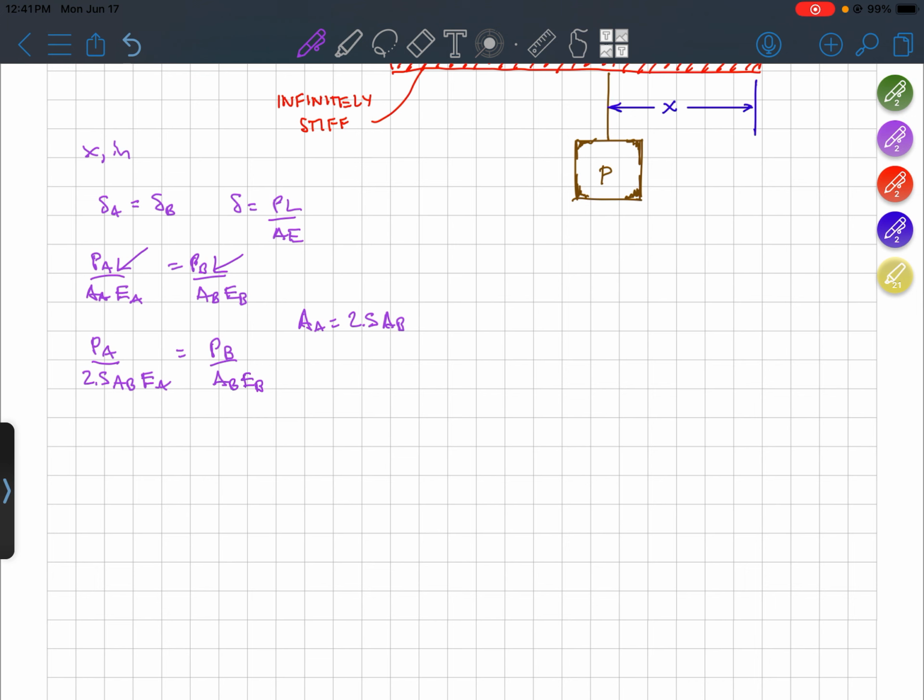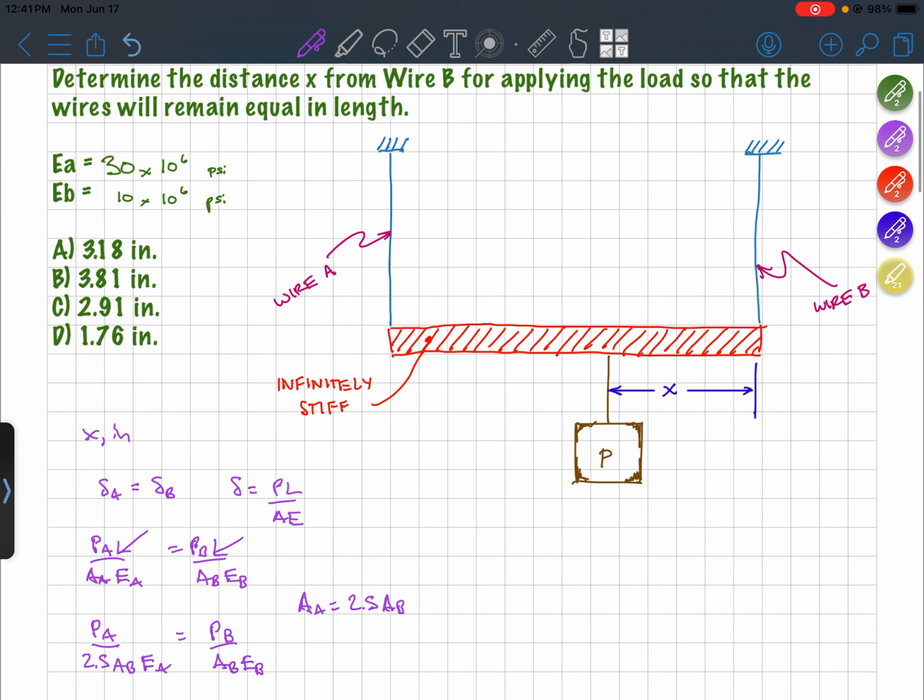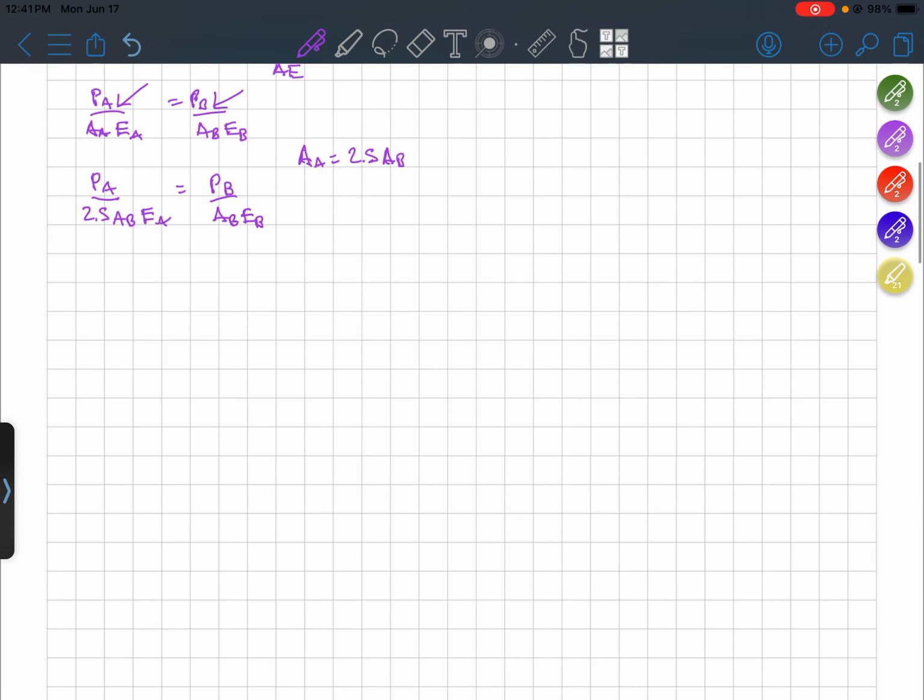So now let's look at our image here and see if we can find anything specific about it. This looks to me like a simply supported beam with an off-center load. So we can go to our beam table and find that the reaction in wire A is equal to (1 minus K) P, and the reaction in wire B is KP, where K is a ratio of the total length.